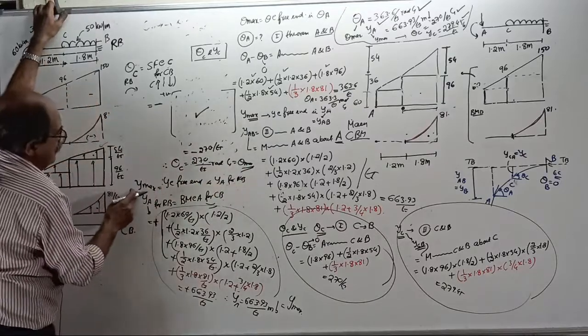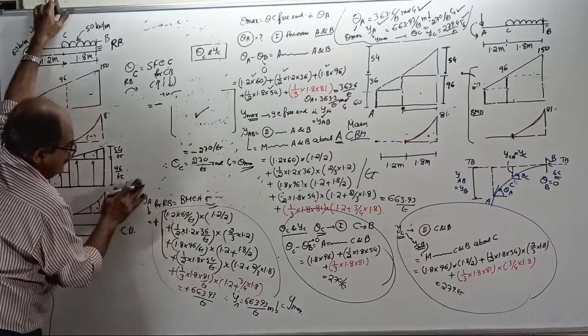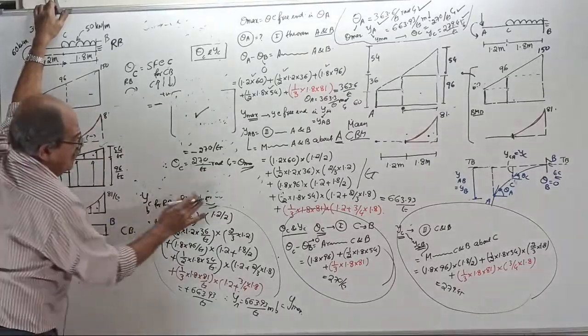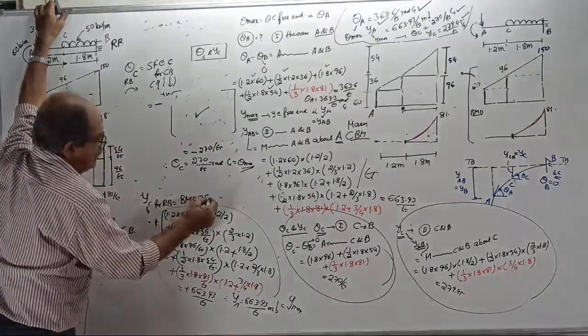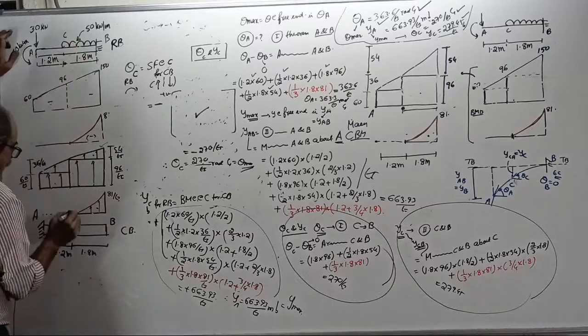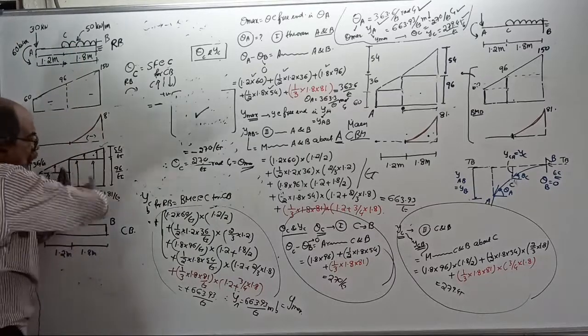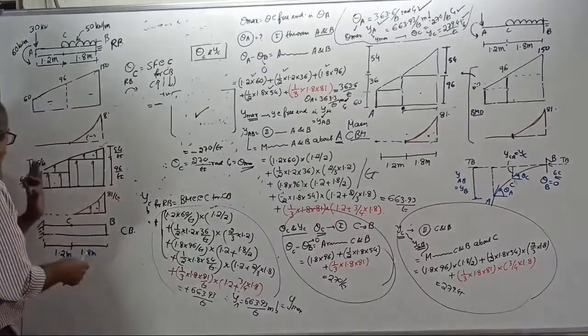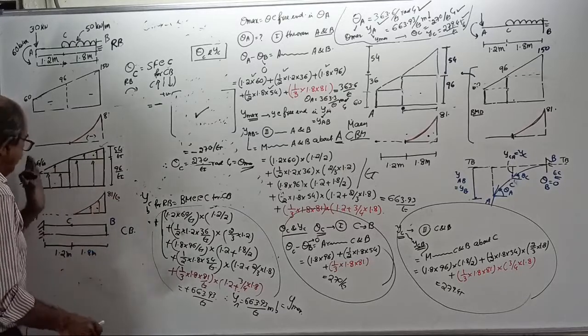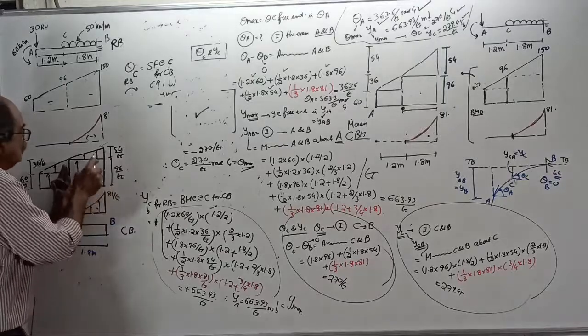Then next you require what? YC. Next. YC down for real beam equal to BM at C for conjugate beam. Look this side. Last time when you do BM at A, 1, 2, 3, 4, 5. Now BM at C, only 1, 2, 3.